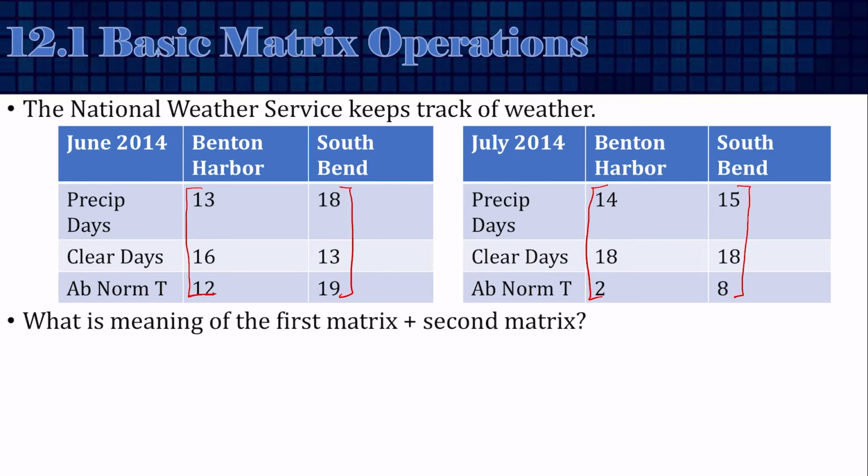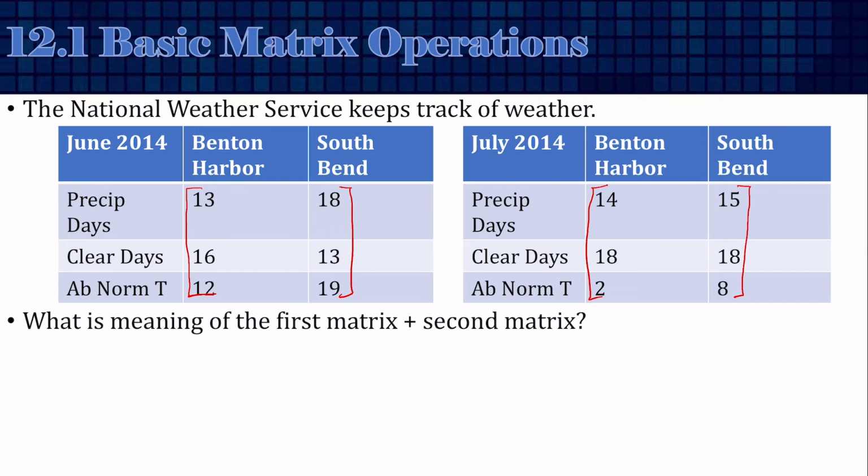What would be the meaning of the first matrix plus the second matrix? Well, if each one is the number of those days in June and then in July, when I add them together, it would be the combined June and July.